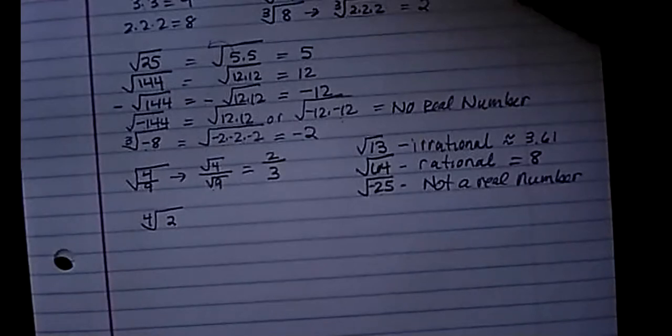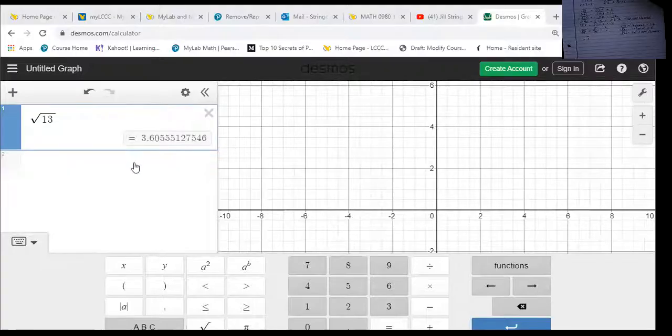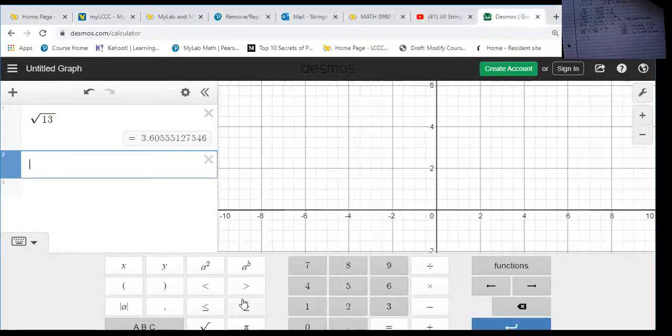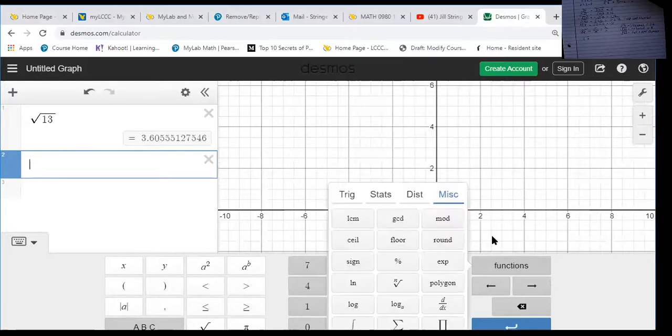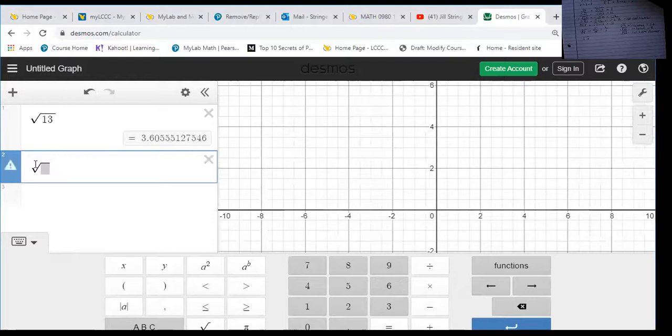So if we go back to our calculator, I'm showing you this on Desmos because you all can use Desmos online. This is where you find that down here at the bottom. If you go to functions over here and you go over to this miscellaneous, this is where you can put in different roots besides the square root. See, it shows me what root do I want? Well, I want the fourth root of 2.